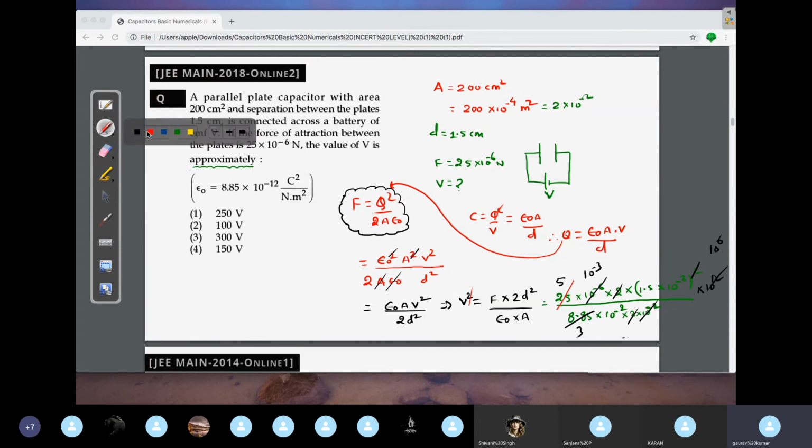So what you're left with now? I will just write all the values here. I have 5 into 10 to the power of minus 3 in the numerator. Then I have 1.5 into 10 to the power of minus 2 into 10 to the power of 6 upon you will get 3 into 10 to the power of minus 2. These two you can cancel. This is your 0.5. So what will we get here now? 5 into 5 by 10 to the power minus 3.